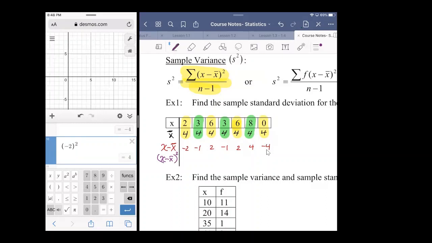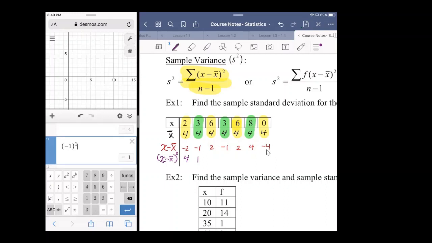That's assuming that you don't want to just recognize that if I ever square a negative, it's always going to be positive, so I could just disregard the negative. All right, so this is going to become a 4. Do the same thing with a -1. The ones that are positive should be easy enough.